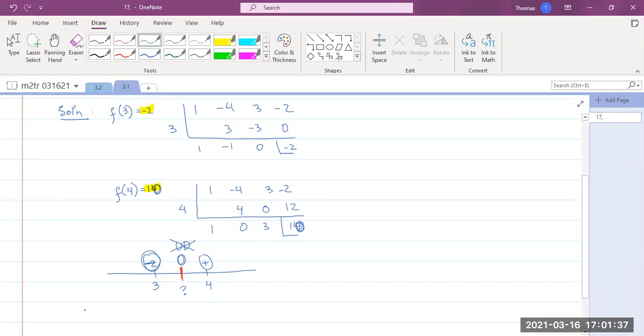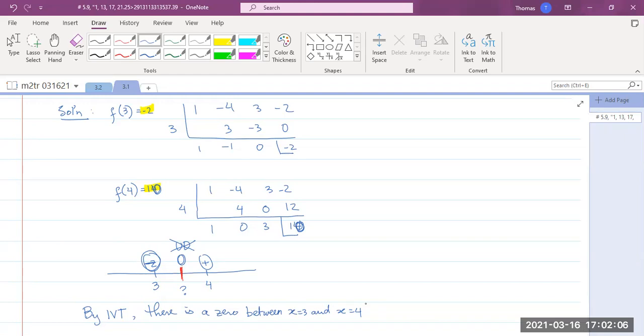Okay, by intermediate value theorem, there is a 0 between x equals 3 and x equals 4. In other words, we have an x-intercept between 3 and 4.